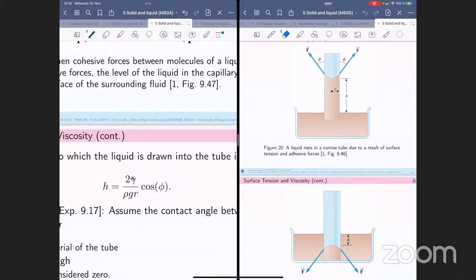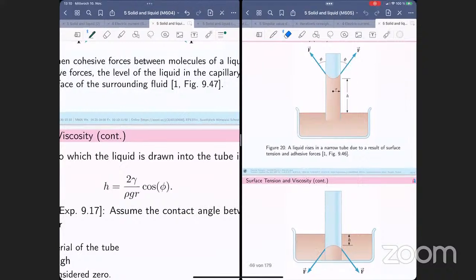The formula, right, this one, R is the radius here from this figure, and phi is the angle here in this scenario.